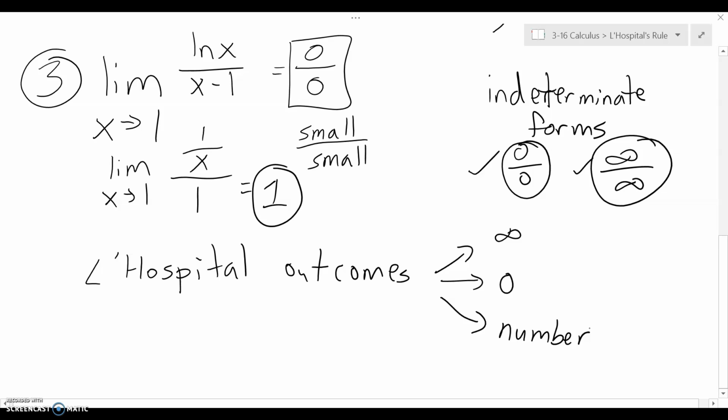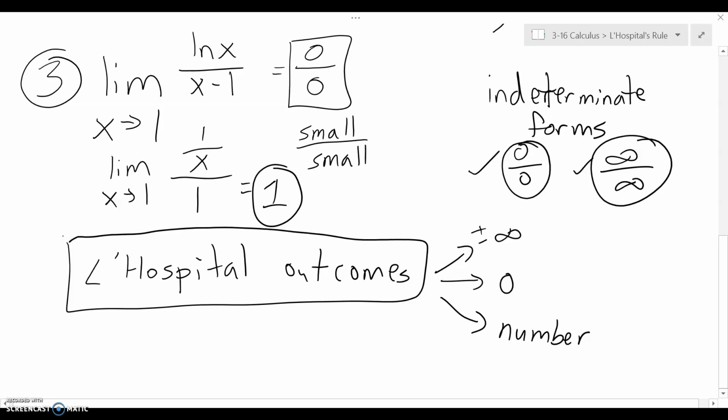And that number doesn't always have to be 1. It could be another numeric value, and it could be a plus or minus infinity. So I shouldn't just say infinity. It could be a positive or a negative infinity. And we need to look at more examples, and we will, but this is just kind of a primer or an idea as to what L'Hopital's rule is all about.